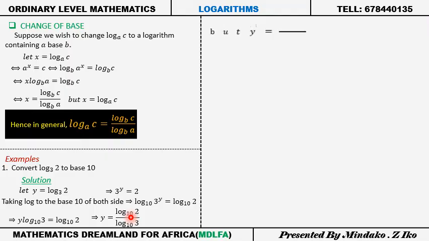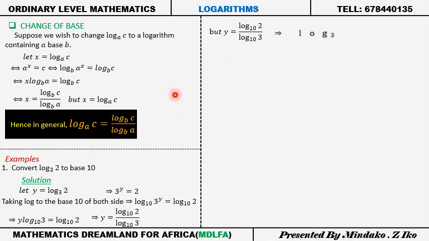But I actually know that my y here is log of 2 to the base 3. That should be a typo error, but y equals log of 2 to the base 3, since that is my y.